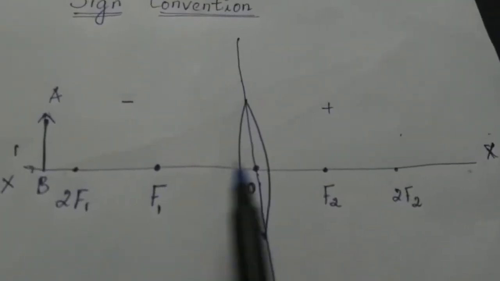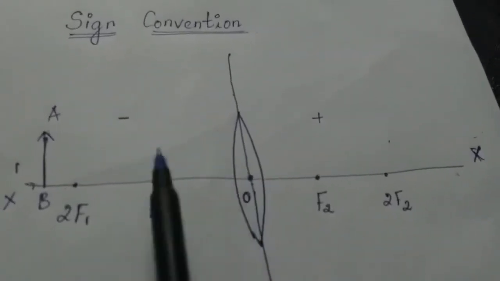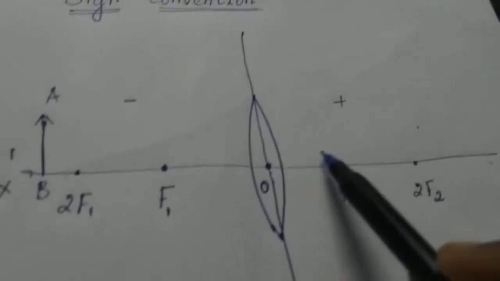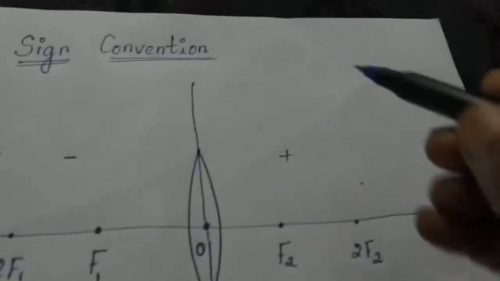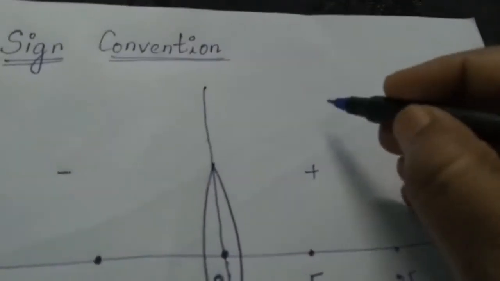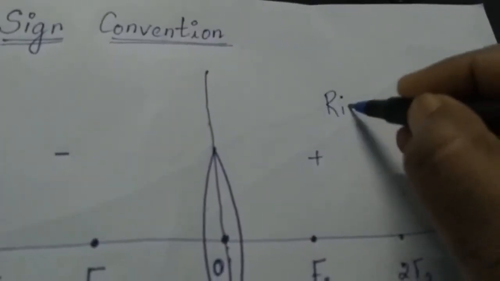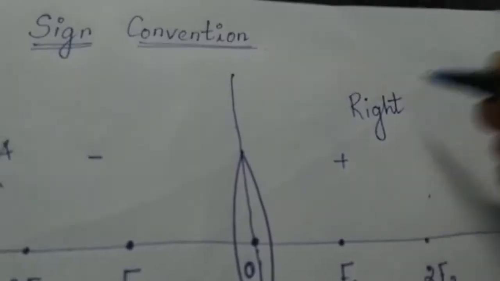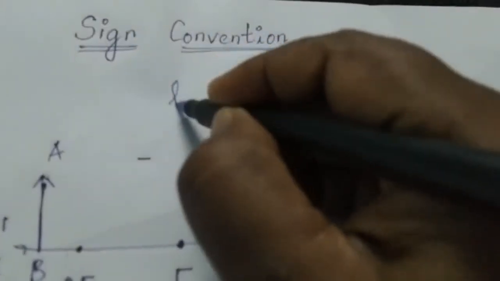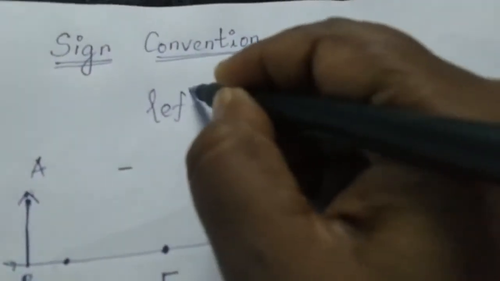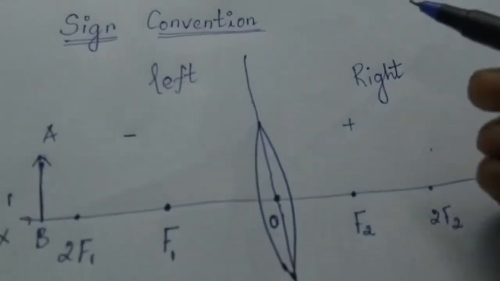Our next point: all the distances are measured to the right of the optical center. This is the right side and this is the left side. This is the positive x-axis, and this is the negative x-axis.